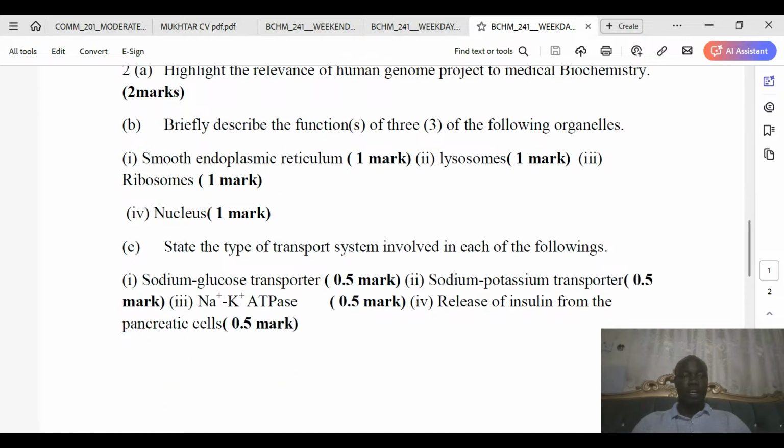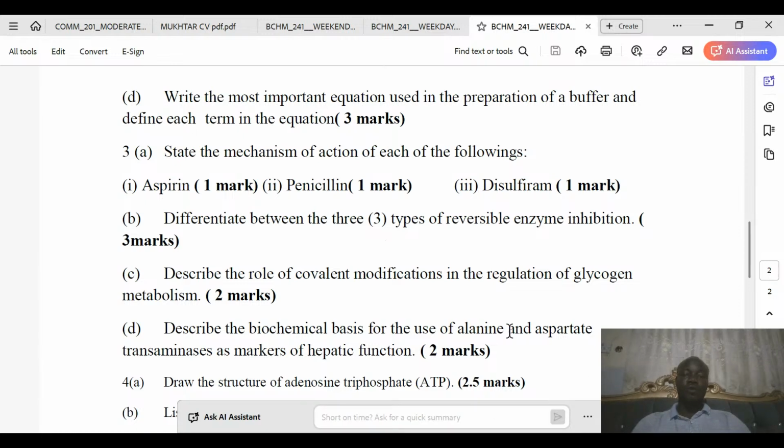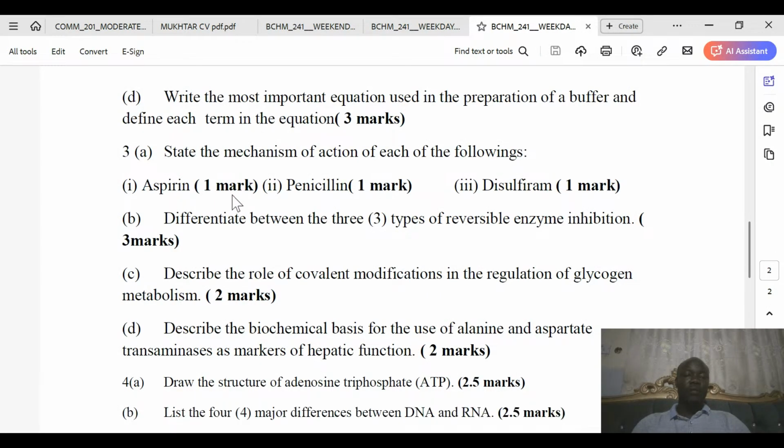So we are done with 2C. So I'm now moving to 2D. Write the important equation you use in the preparation of a buffer and define each term in the equation.